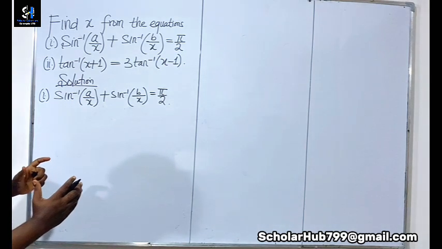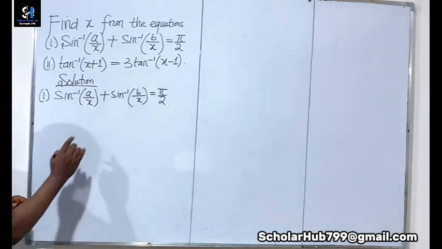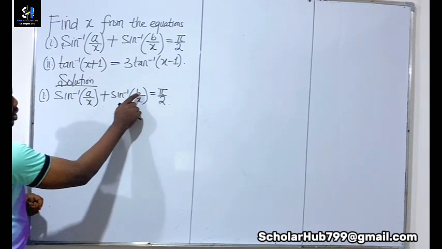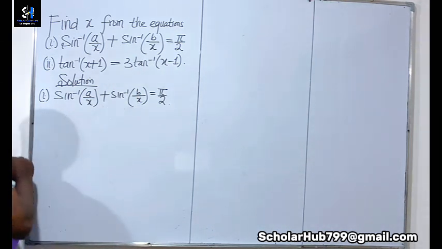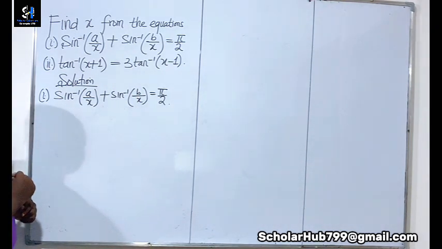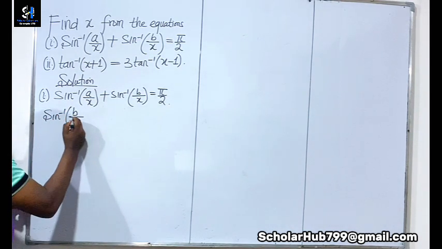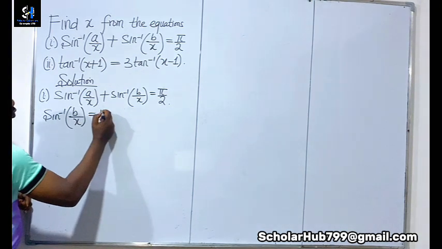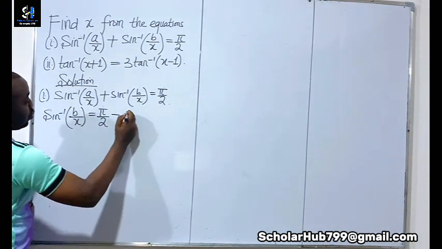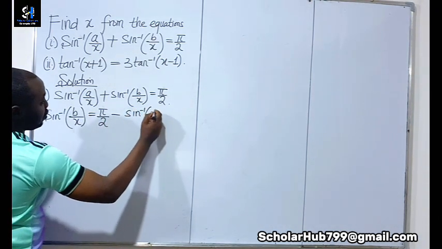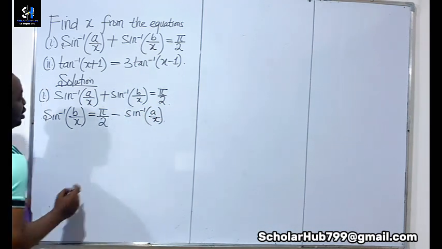First, let me express inverse sine of b over x in terms of inverse sine of a over x, so inverse sine of b over x equals pi over 2 minus inverse sine of a over x.